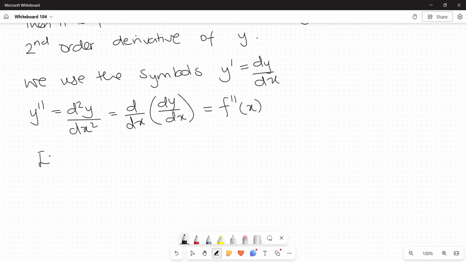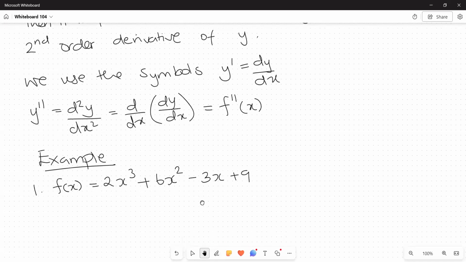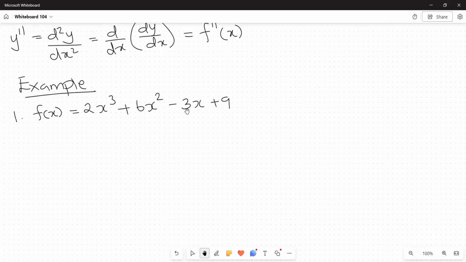So if we look at an example of this, we have f of x equal to 2x cubed plus 6x squared minus 3x plus 9. We want to keep finding the higher order derivatives.